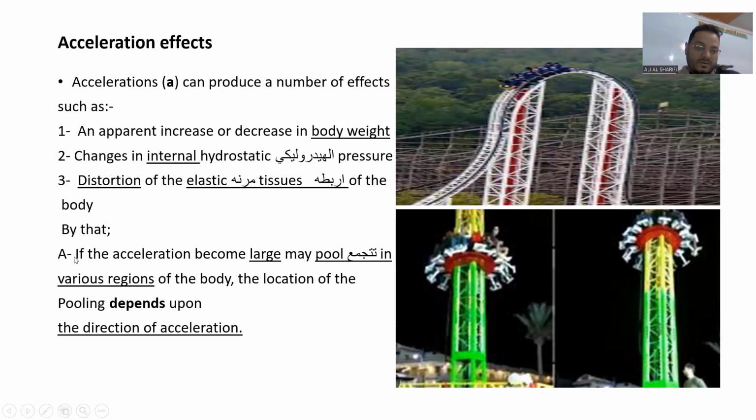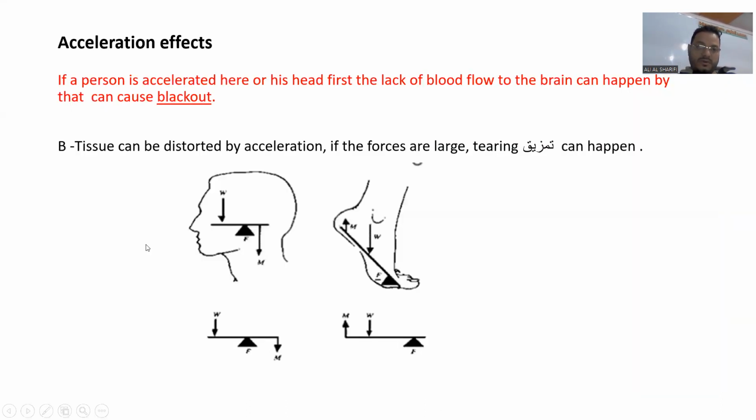If the acceleration becomes large, it may pull on various regions of the body. That means some blood will pool at various regions, and that will be dangerous. The location of the pulling depends upon the direction of the acceleration. Here, at the last, it's very important whether a person is accelerated feet first or head first.